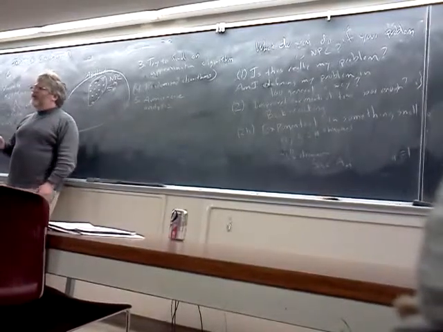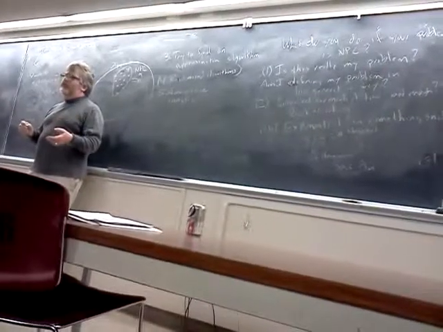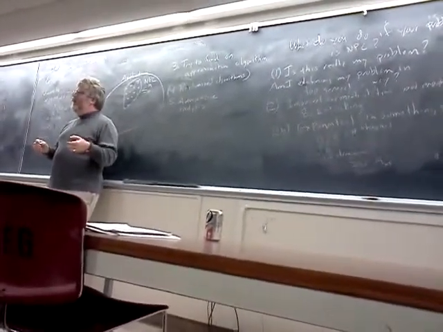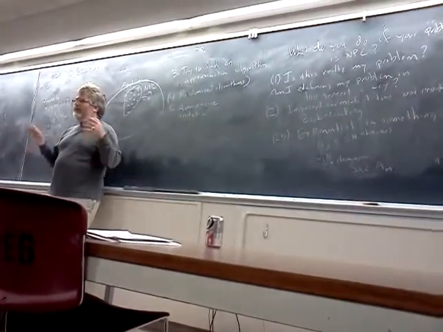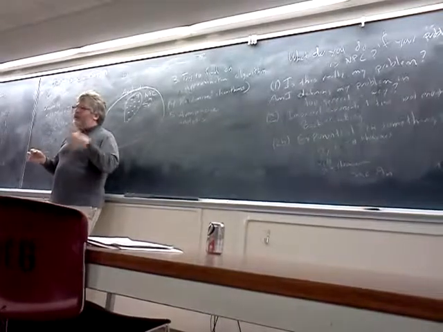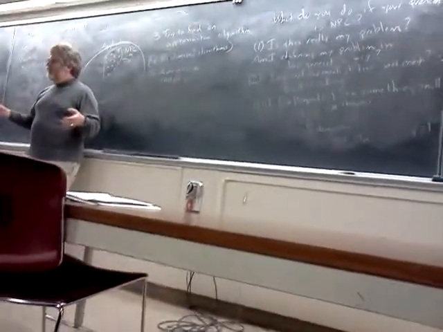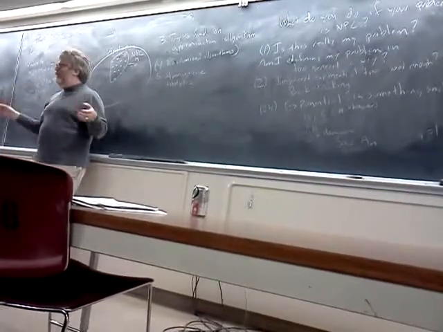And the reason is that random inputs, in some sense, look alike. Almost all inputs look alike. They're very homogeneous. In a random graph, every node has about the same degree.